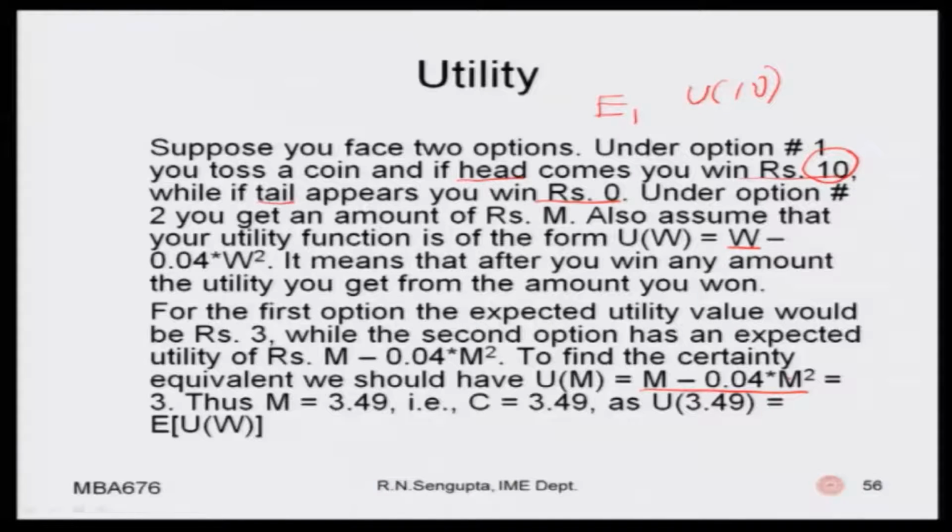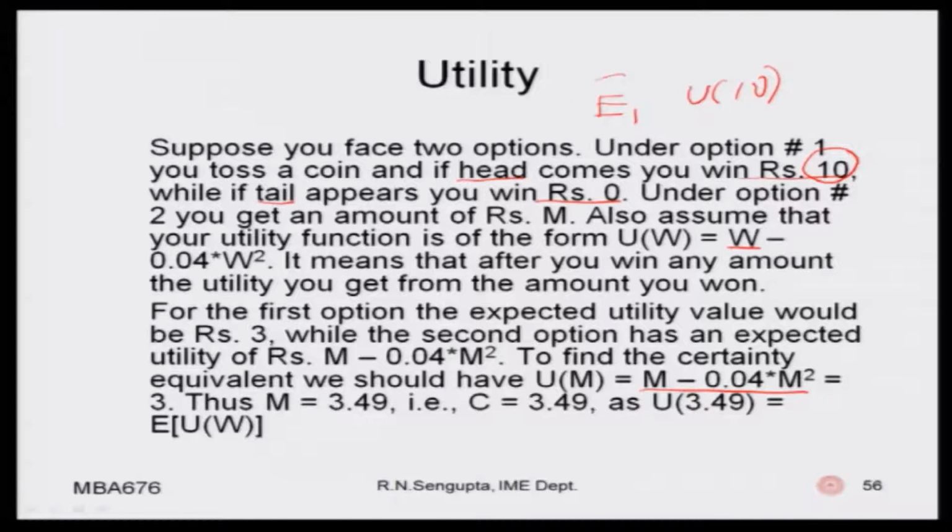That utility corresponding to 10 will be multiplied by half, plus when you have a value of 0 which is the actual wealth, that when converted in the utility function is obviously 0, because 0 minus 0.04 into 0 square is also 0, that will be multiplied by half.